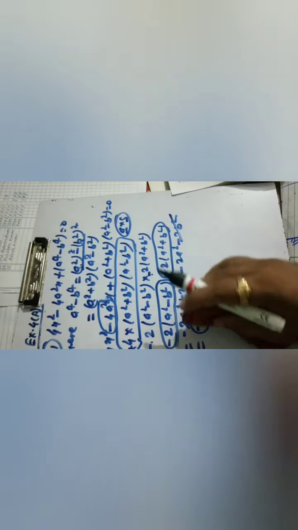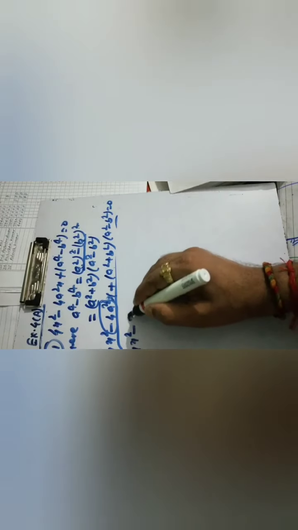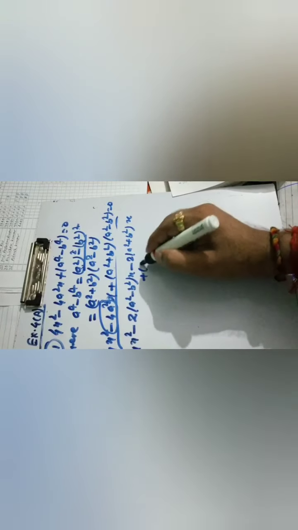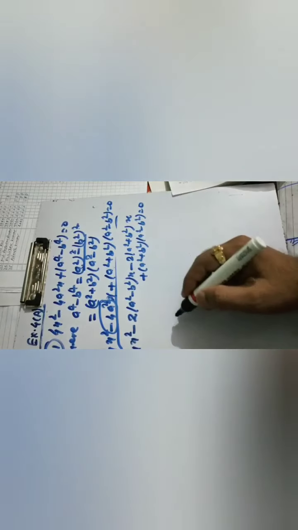Then your quadratic equation can be written as 4x square minus (2a square minus b square) x minus (2a square plus b square) x plus (a square plus b square) into (a square minus b square) is equal to 0.